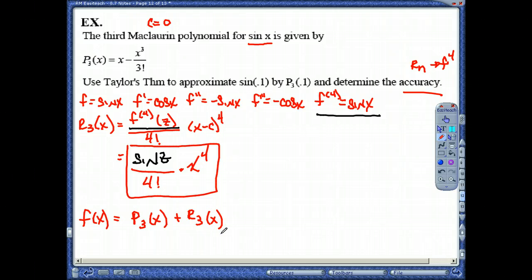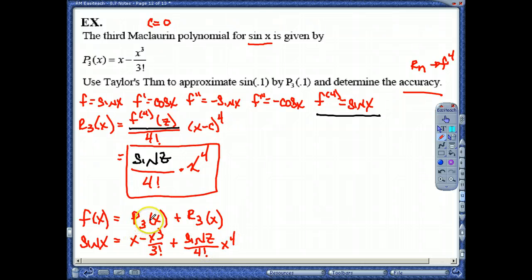I know my original function is sine of x. And that third degree polynomial, they gave it to me right up here, which is x minus x to the third over 3 factorial, plus my remainder, which I just found, which was sine of z all over 4 factorial times x to the fourth.